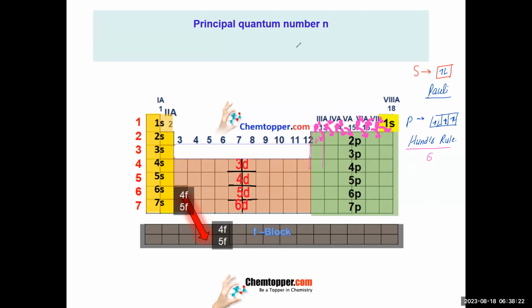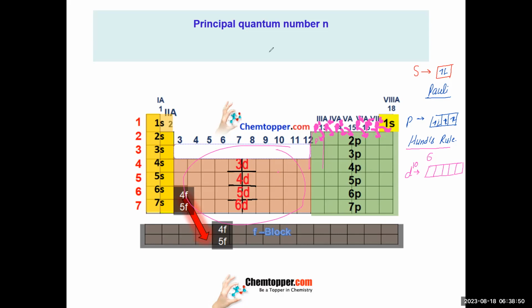Okay, in the d subshell, how many orbitals are there? 5. How many maximum electrons can you place? 10. How many groups are there? 10. You can place 10 electrons.